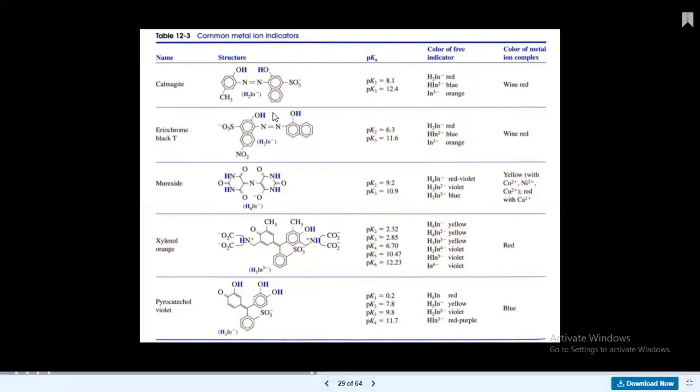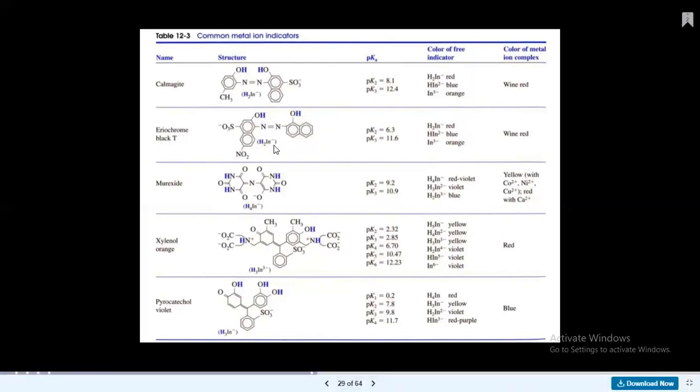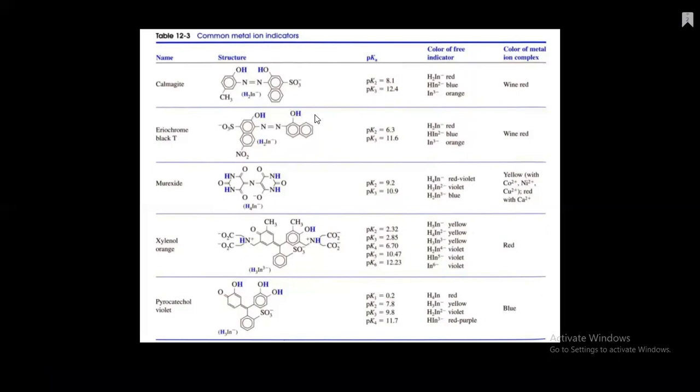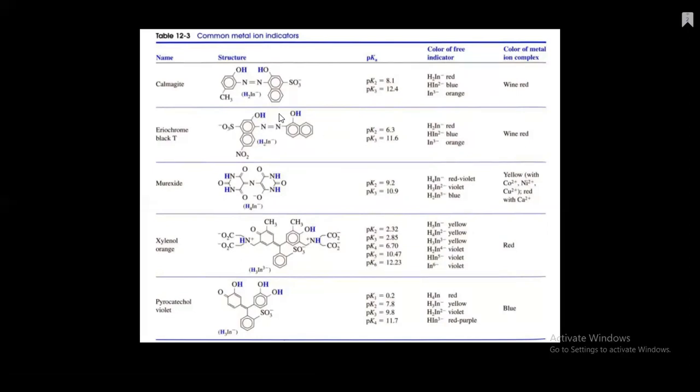We already discussed how EDTA forms a complex with the metal ion. Here is how the indicator forms a complex with a metal ion. The metal will be there, two hydrogens will be removed here, which will also change the pH of the solution. That is why we add a buffer of pH 10 or 11.